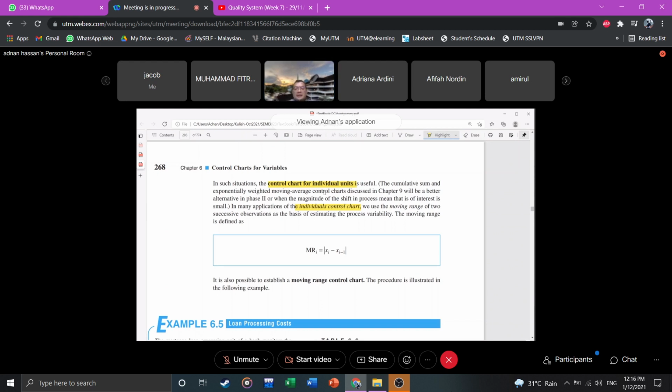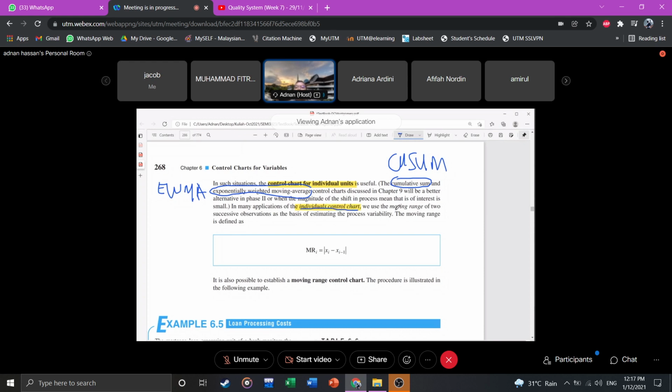There are other charts, which we will discuss later: the cumulative sum, or CUSUM, and another chart called the exponentially weighted moving average, EWMA, which can also be used for individual measurement. This is different than the normal X bar chart. Before we go to that, let's look at the individual control chart.